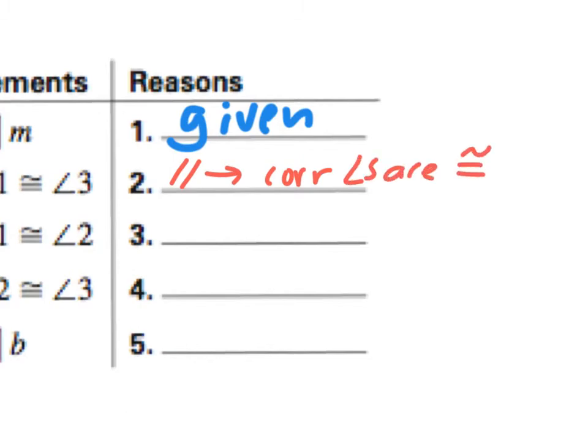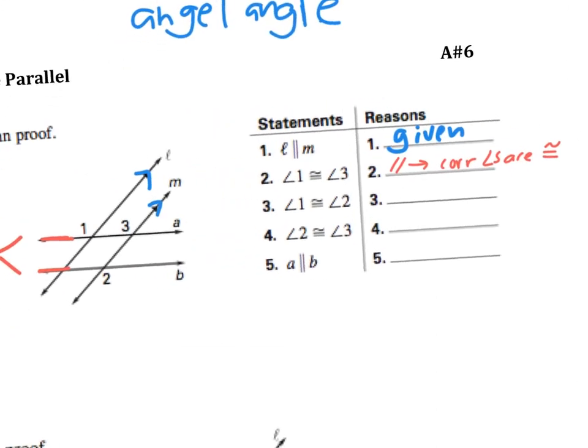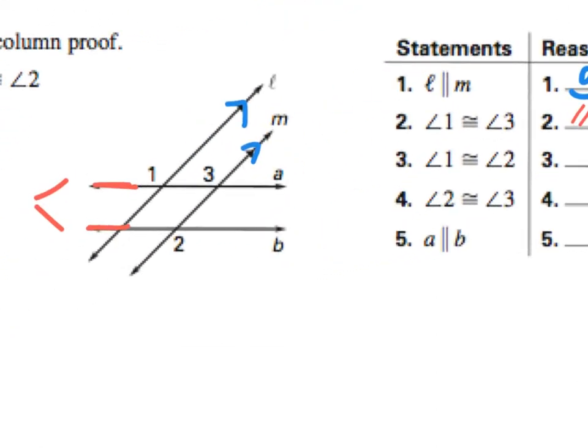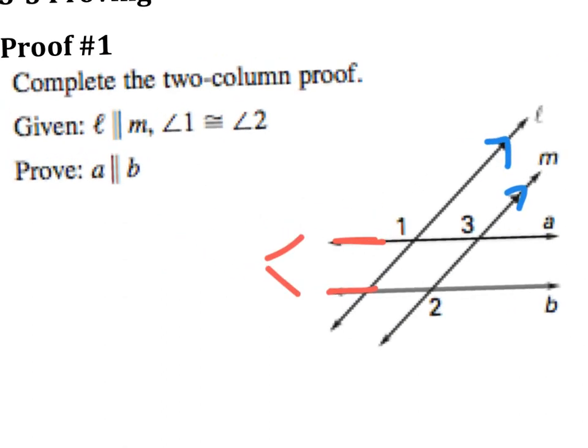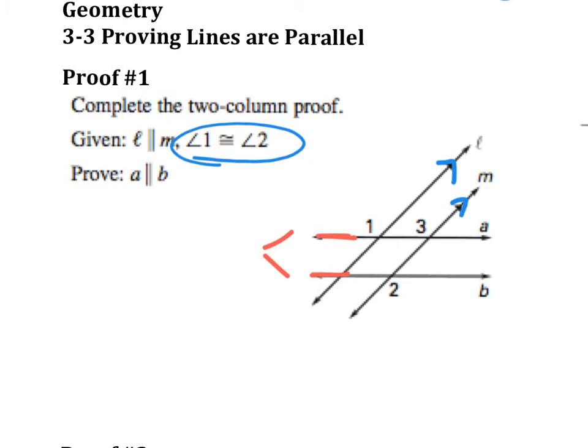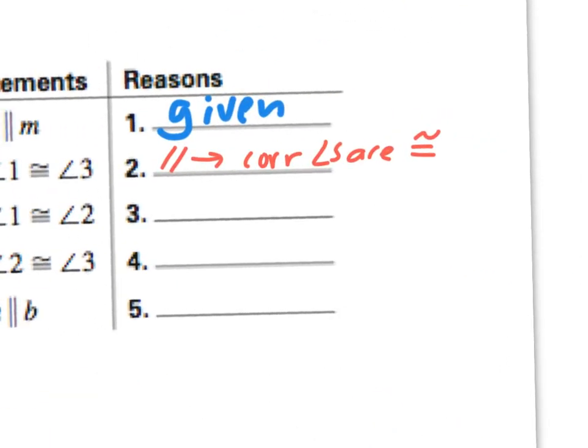Okay, next. Now we're told 1 and 2 are congruent, and when I look at the diagram, I don't see why they're congruent. They don't have a special relationship. So I first start here and say, there's nothing that works. However, up here, it's given. So that's actually nothing I need to show much. I just write the word given here.